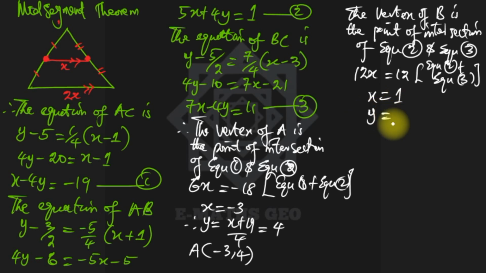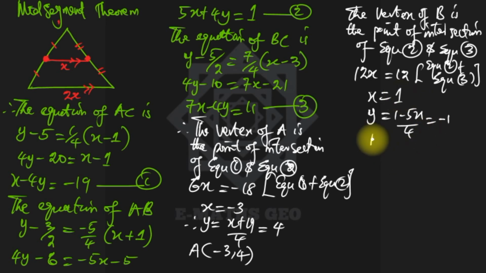Therefore for y, you can choose any of them. I will choose equation 2, making y the subject of the formula: y is 1 minus 5x over 4. With x as 1, 1 minus 5 over 4 is minus 1.